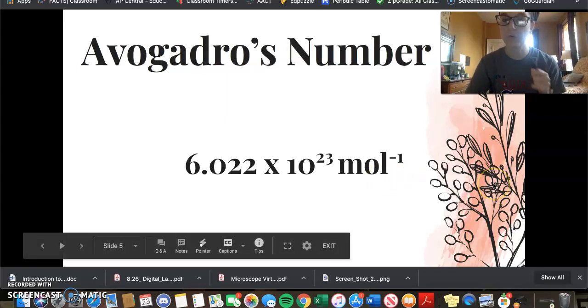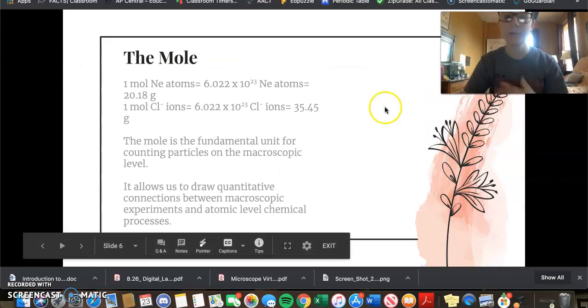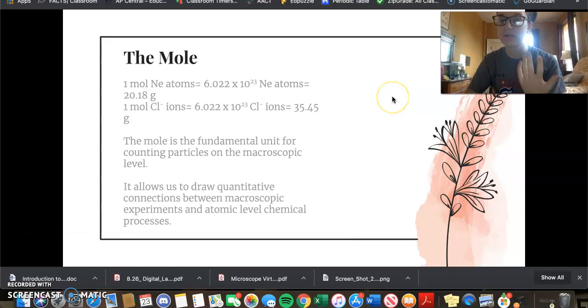So when we're talking about moles, we no longer use the unit AMU, atomic mass units. That's the microscopic unit. In this case, we use a macroscopic unit of measurement, which is grams. So 1 mole of neon atoms is equal to Avogadro's number, 6.022 times 10 to the 23rd neon atoms, which is equal to 20.18 grams.